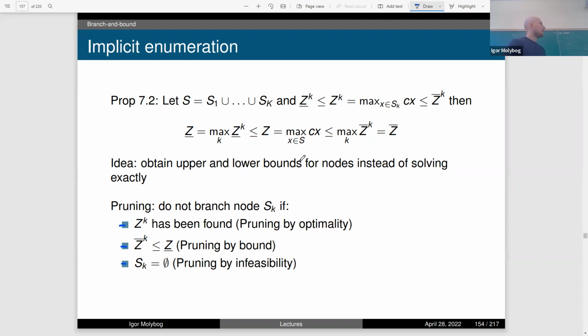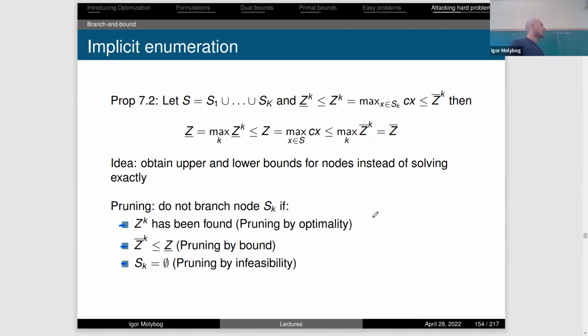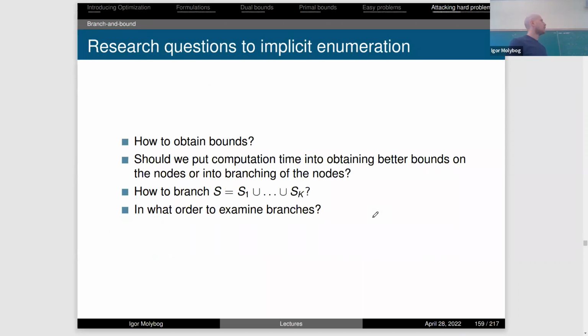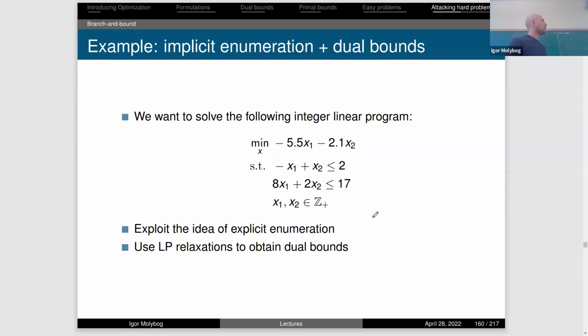Essentially, these are the three main ways of pruning that you need to know, and there's not much that can be done to add more of these principles. However, there's much more that can be done to the ways we are branching.